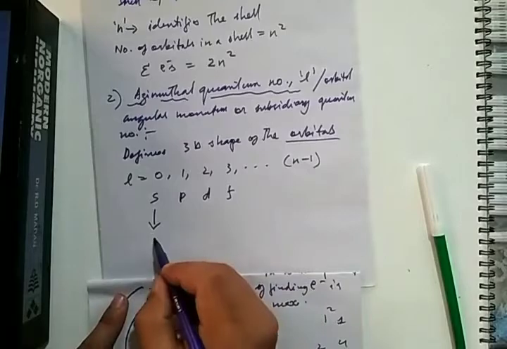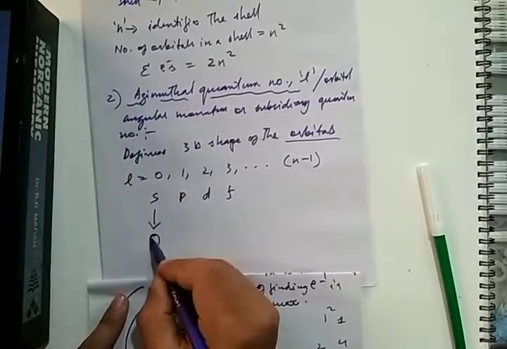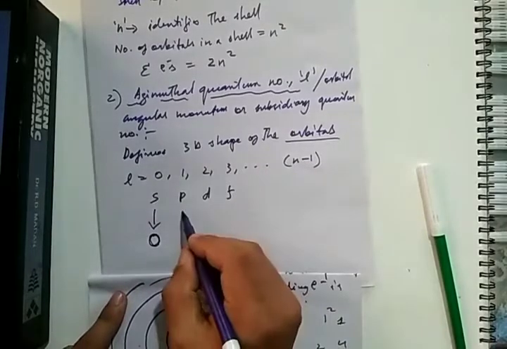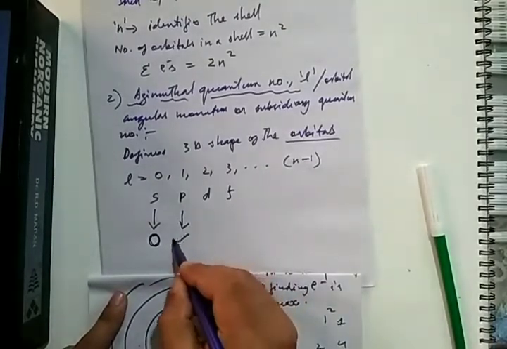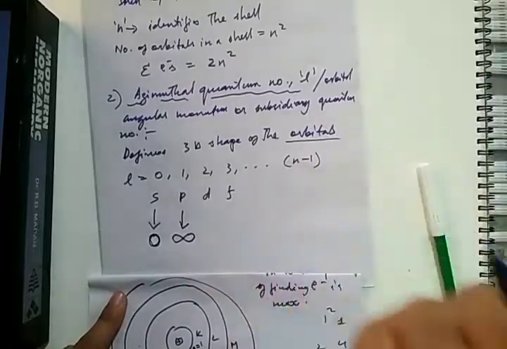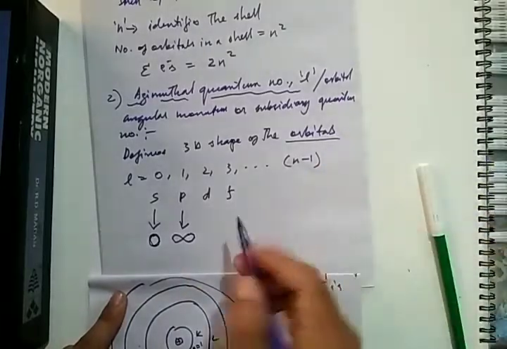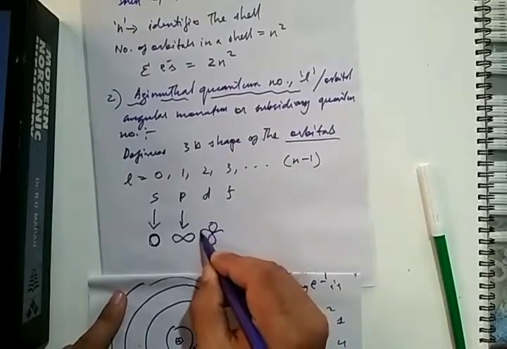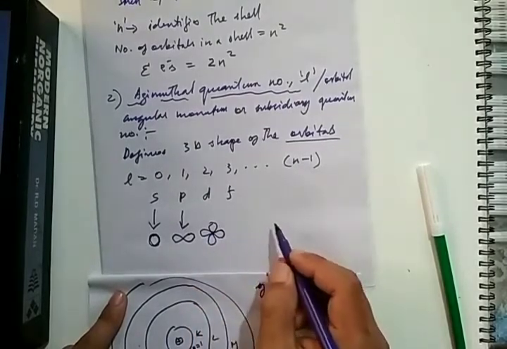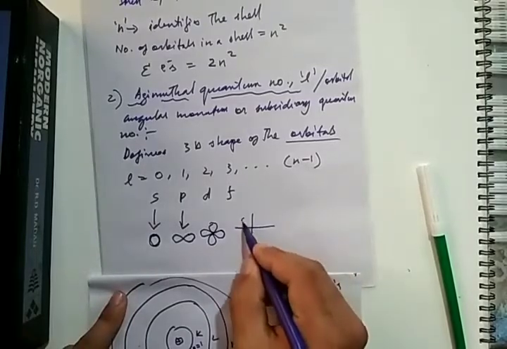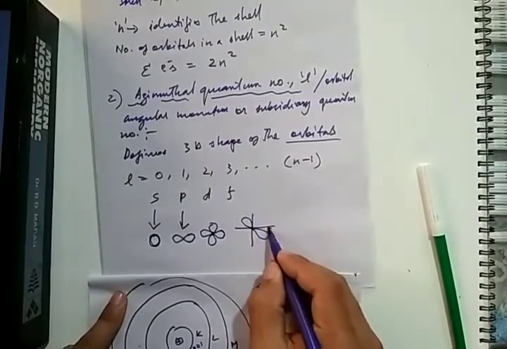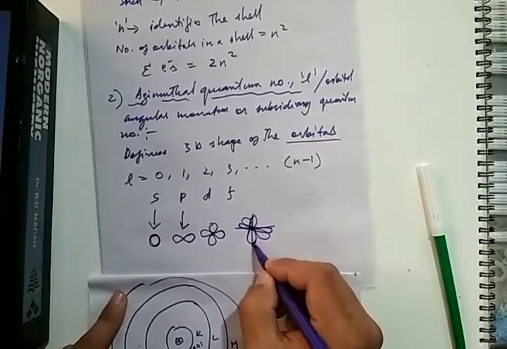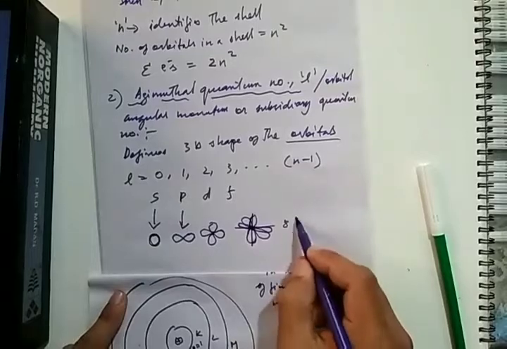The shape of the s orbital is spherical, like a ball shape. For p, it is a dumbbell shape, the dumbbell we use in the gym. Then d is a double dumbbell, and f is somewhat complicated.